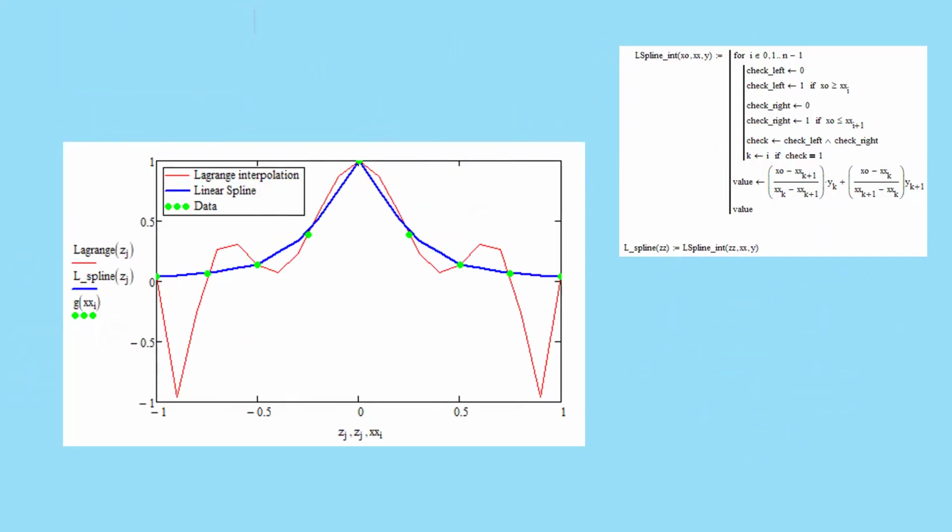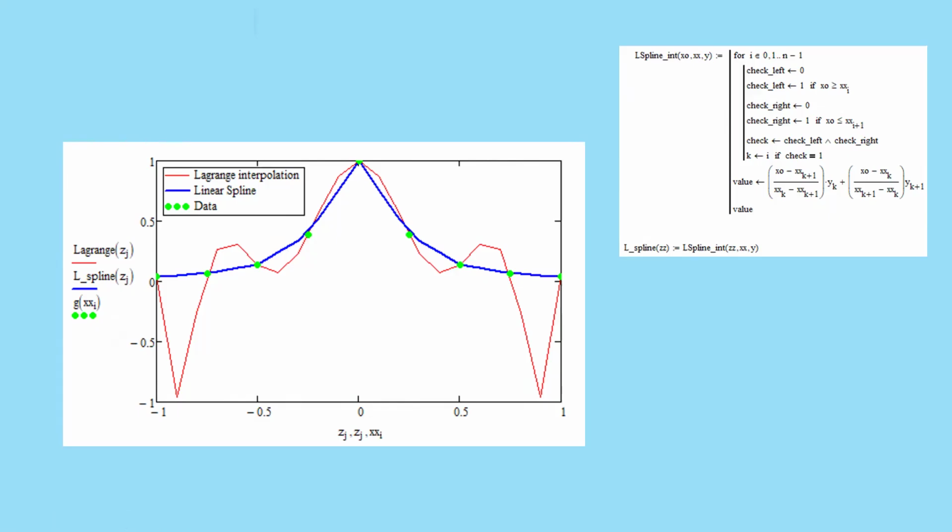Again, this is the comparison between these two methods, Lagrange interpolation and linear splines. As we can see, both of these methods pass through the exact data points, the green dots. However, their behavior between the points is very different.